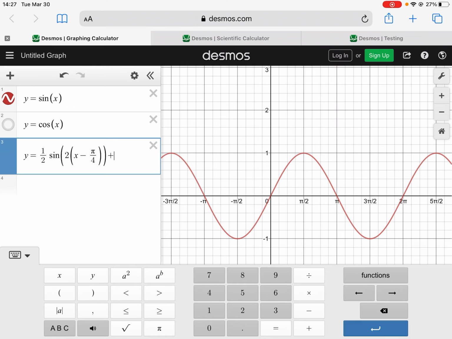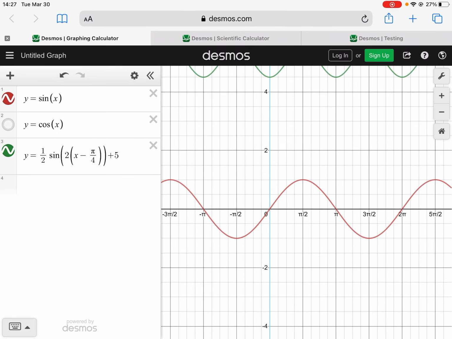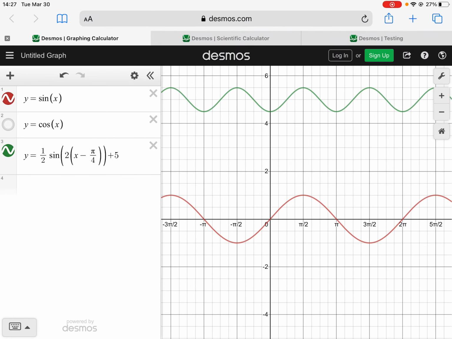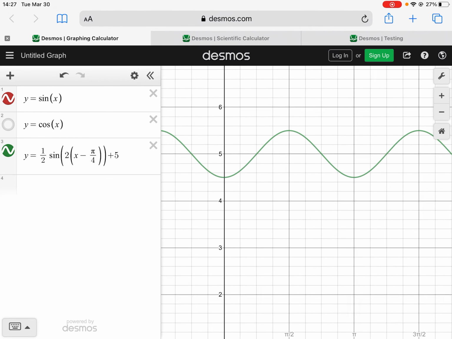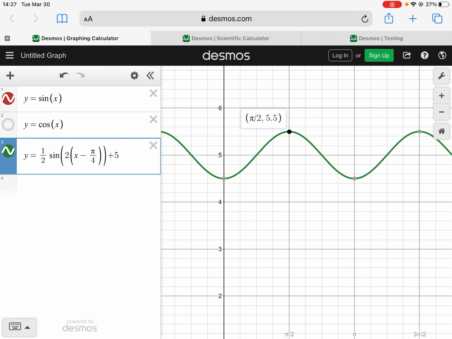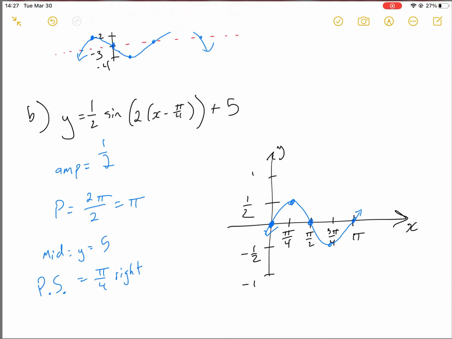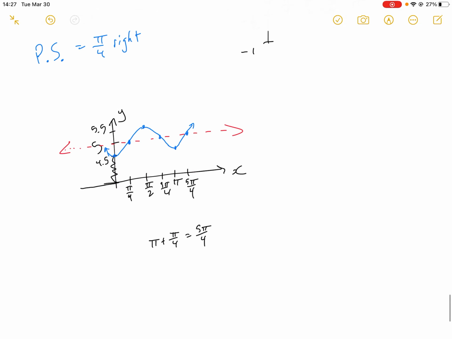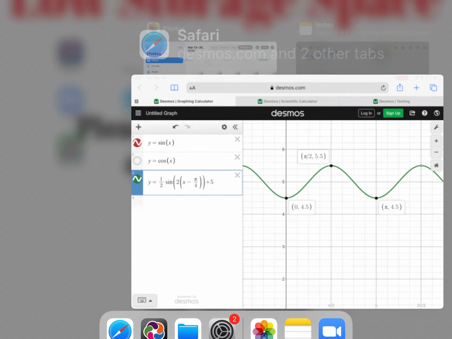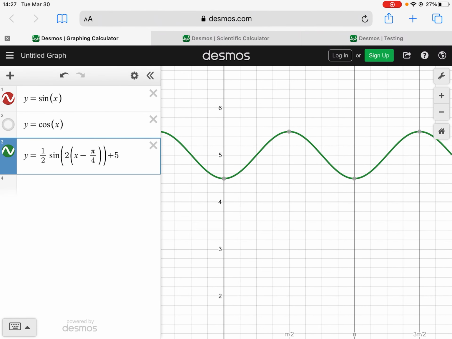Close those parentheses out and then add 5. You'll notice here is my graph. So I have my mins and maxes, 0, pi over 2, and then at pi. So if we take a look here, we should see the same graph, although Desmos looks a bit nicer. But that's how you could graph it.